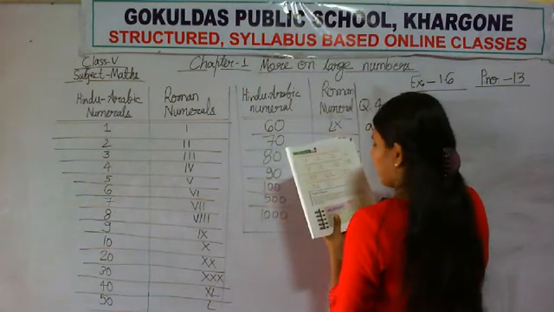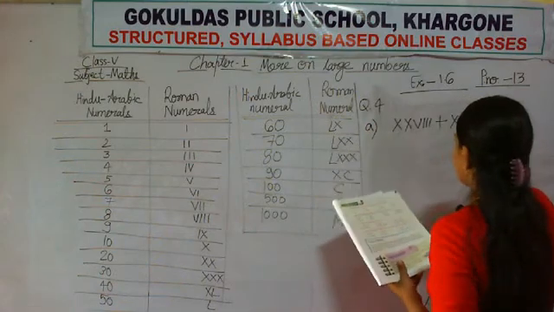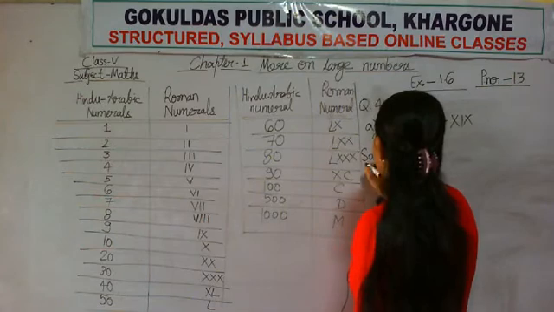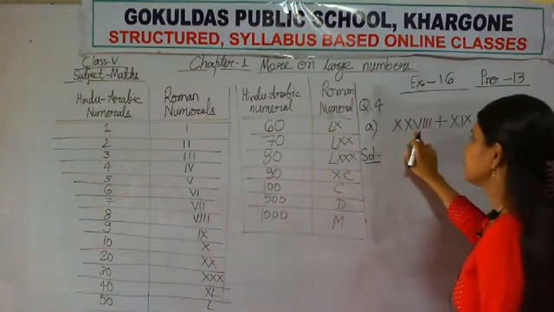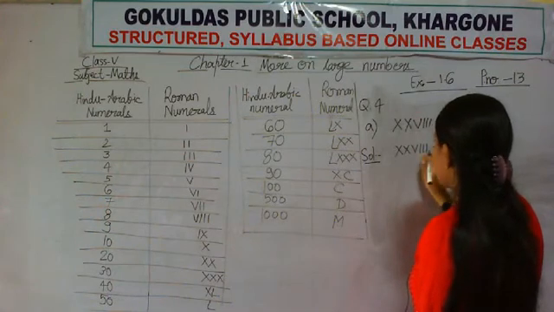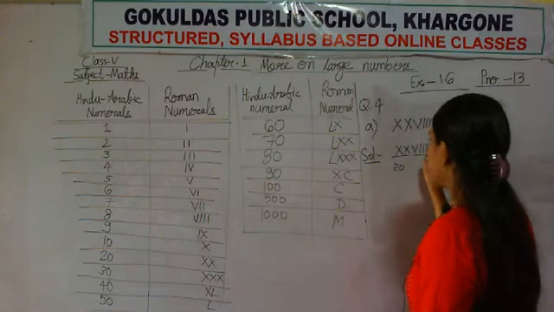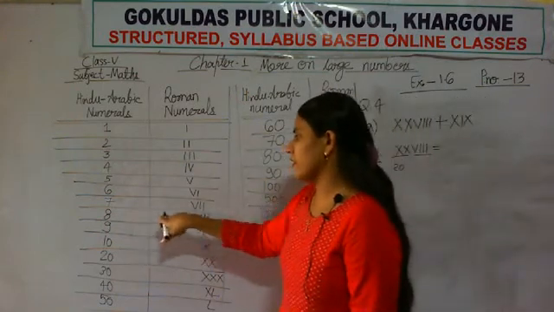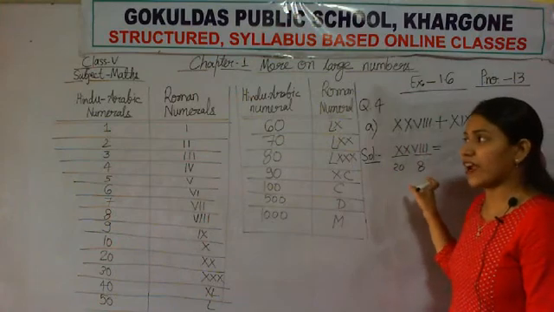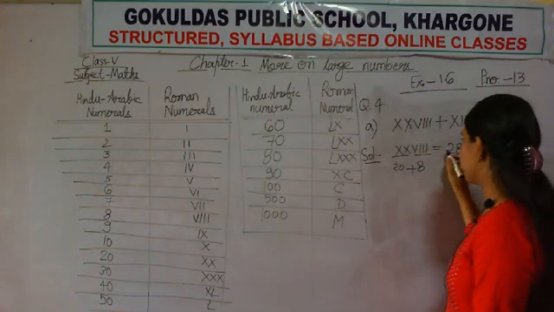So part A, XXVIII plus XIX. It is given here. XXVIII: XX means 20 and VIII shows 8. 8 is a smaller number written right to the larger number, so it shows addition. 20 plus 8 is 28.